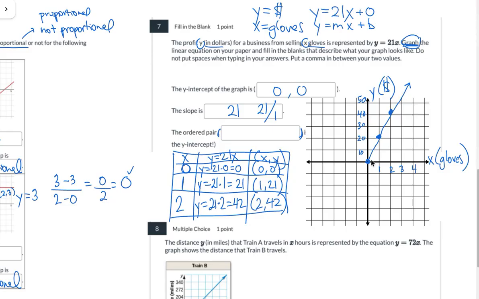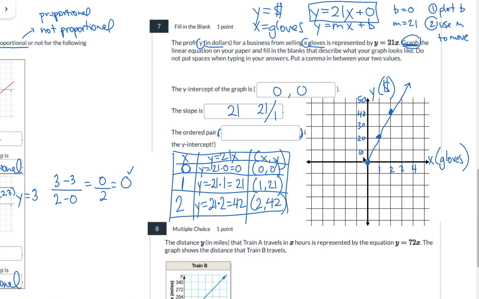Now when I look at this, I can say, okay, let's see if it matches up if I were to simply do it this way by using the information that b equals 0 and m equals 21. So the very first step would be to plot b, which is (0, 0). And then we would use our slope to move. Well, let's see if it moves along our line.